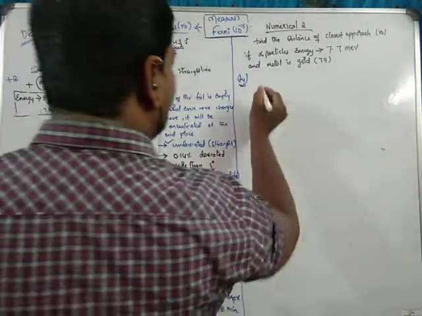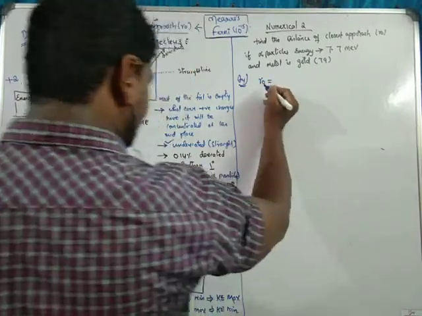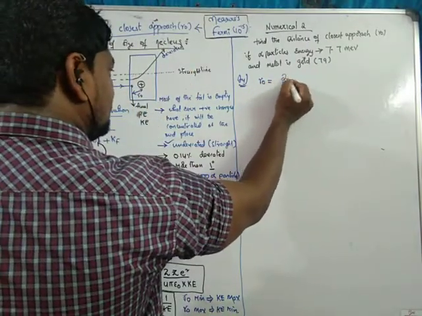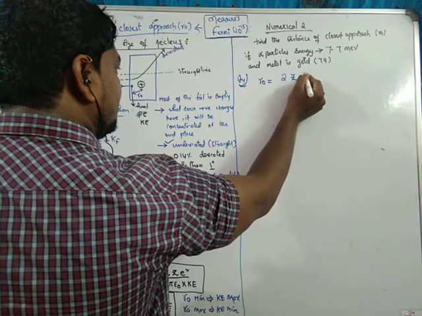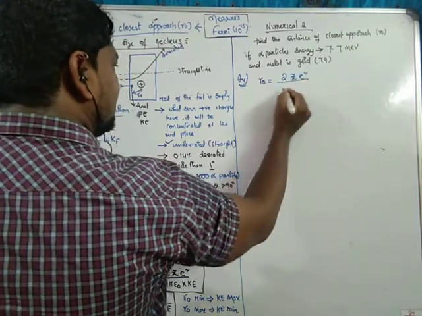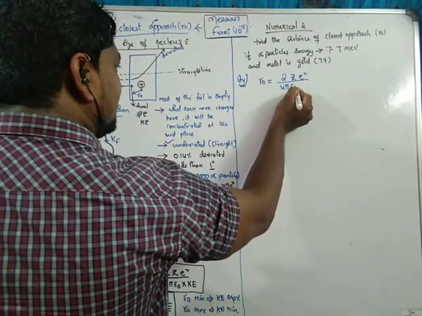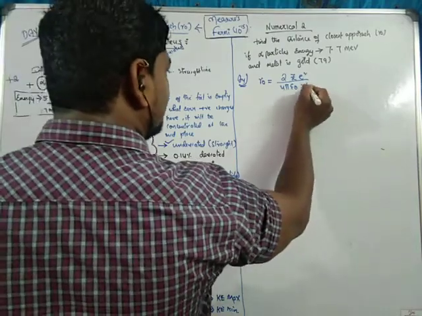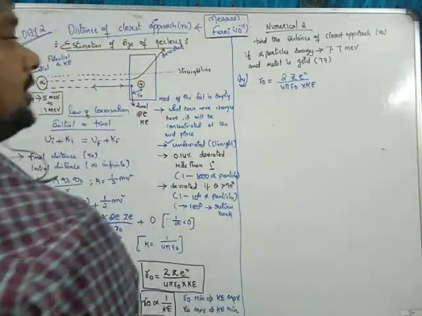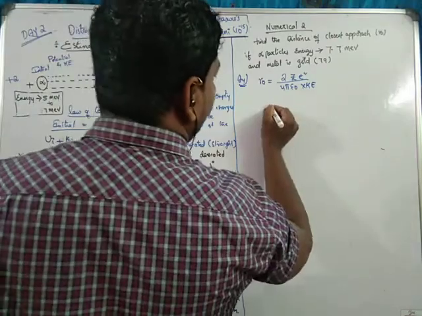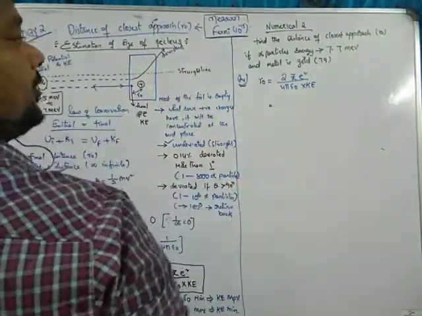So here we have the formula, R naught is equal to 2 into Ze square divided by 4 pi epsilon naught into kinetic energy. Calculate the value. So we have to calculate the value of R naught.